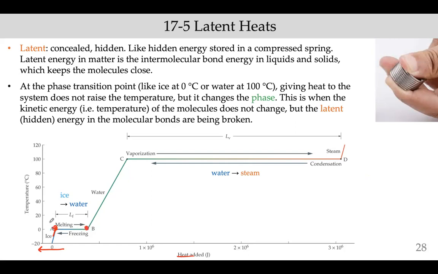This point is ice, completely ice. This point is water, but they're all at 0 degrees. So if you take out energy from water, its energy will go down, so we have to move to the left. So you will create some ice. So at this point, you have some water and some ice.